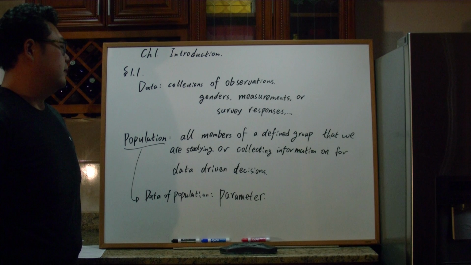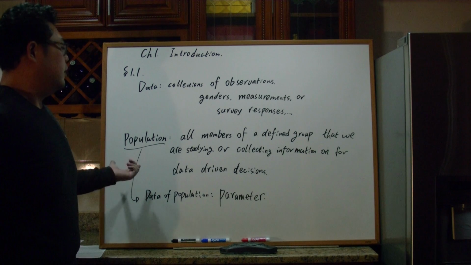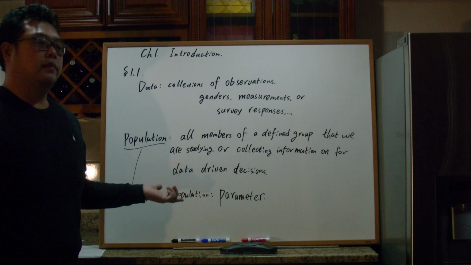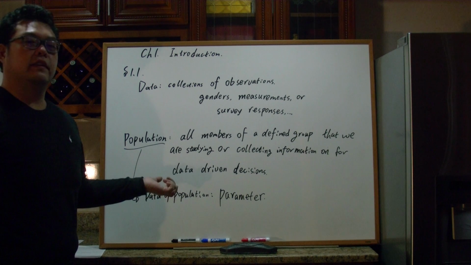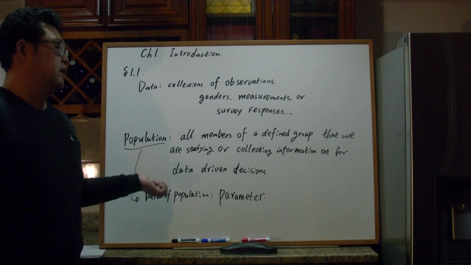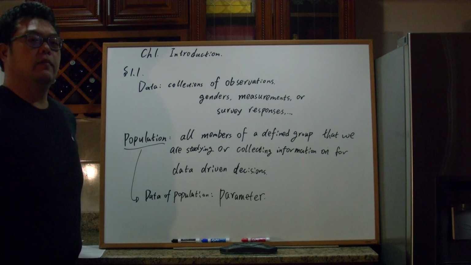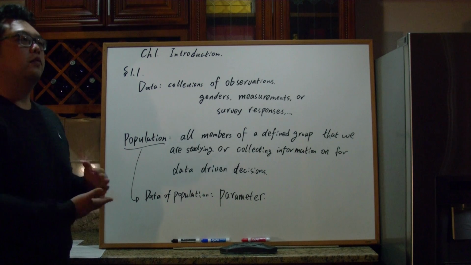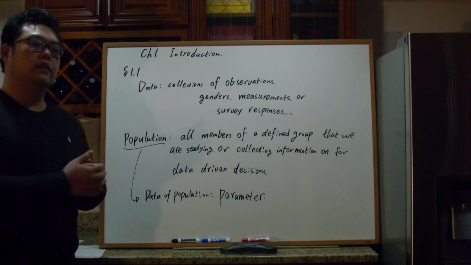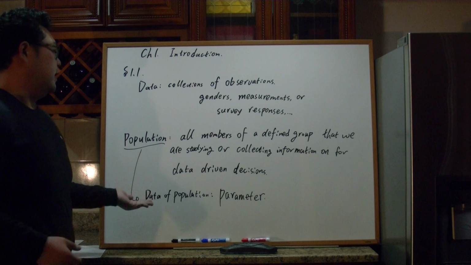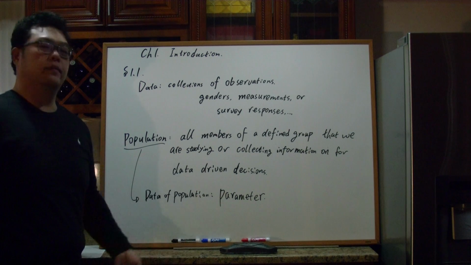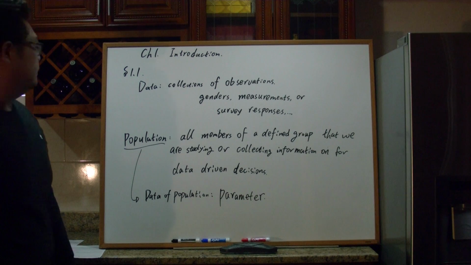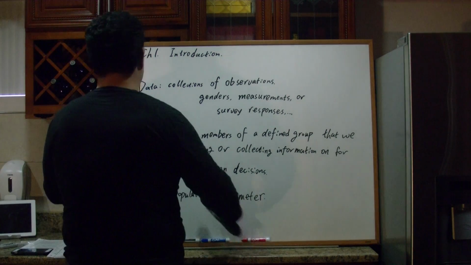So the population is what we are interested in, but because of the cost being extremely high, we need to figure out an idea that could best refer to that population and its parameter. We need to figure out a way. And there is a way.